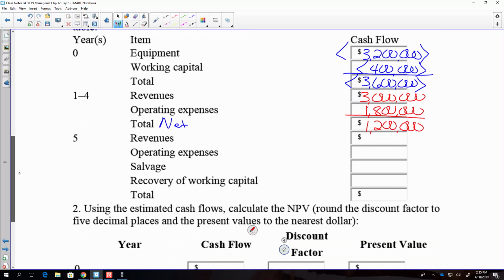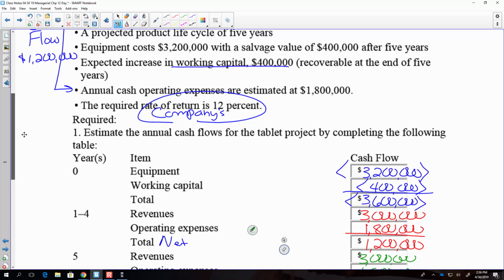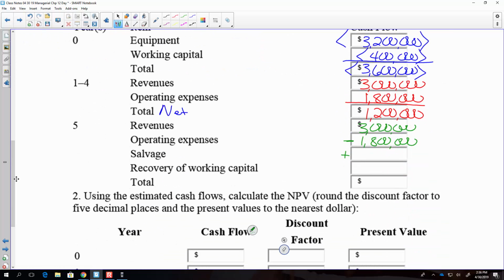Well, actually 4. Because in year 4, I'll put this in green, I have again the 3 million, the 1.8 million negative, and then I'm going to recover the salvage value, which in this case was 400,000, and recover the working capital of 400,000.